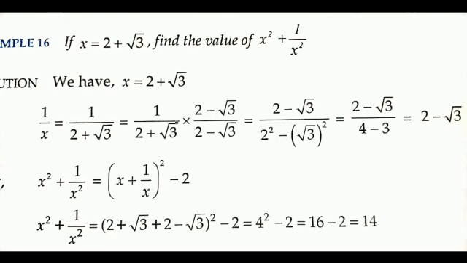So, it is equal to 2 minus root 3 in numerator, and in denominator it is 2 square minus root 3 whole square, which gives us 2 minus root 3 by 4 minus 3, which is equal to 2 minus root 3. Therefore, we can say 1 by x is equal to 2 minus root 3.